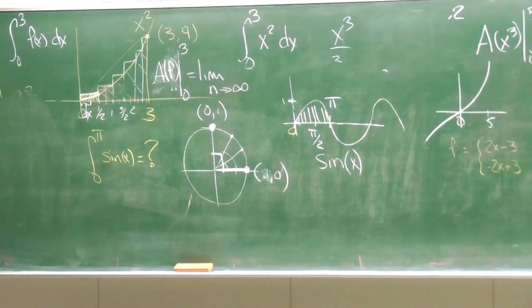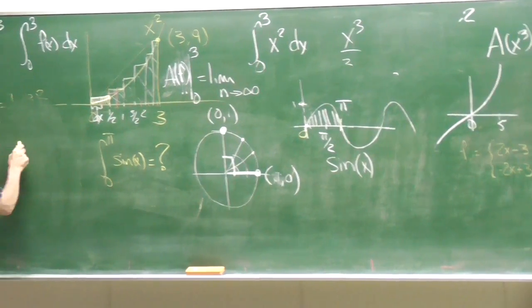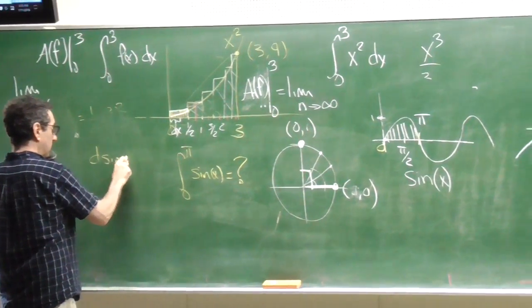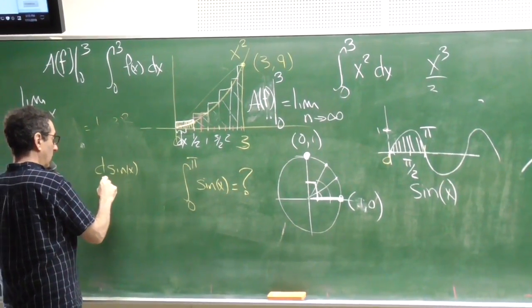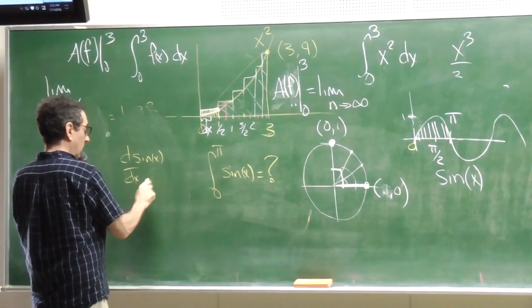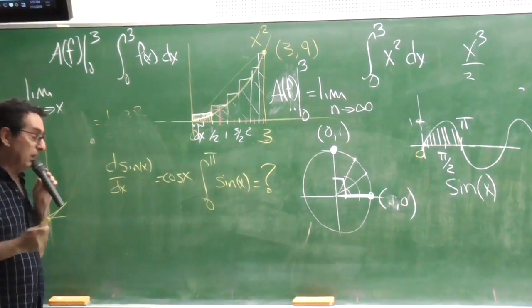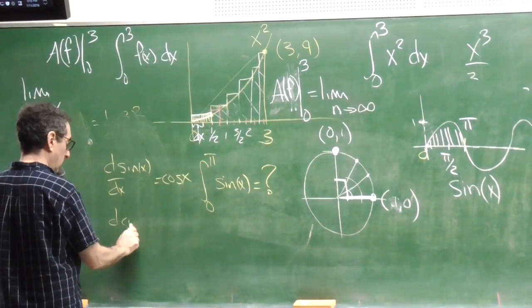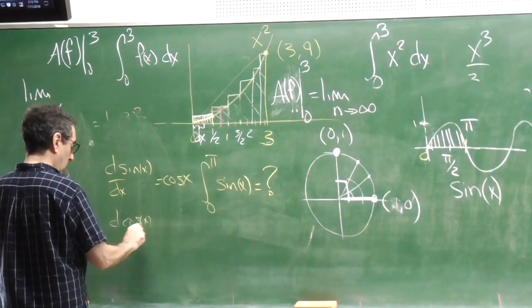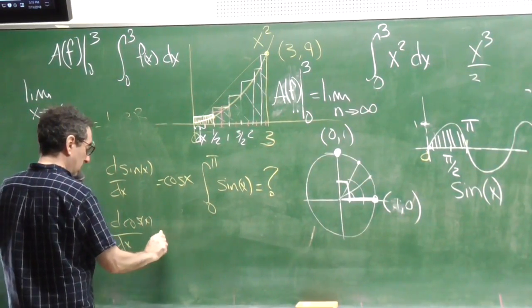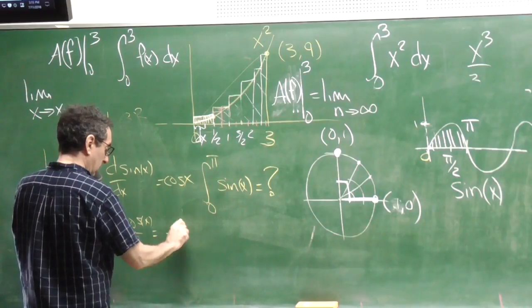But it turns out that the derivative of the sine function is the cosine function. And it also turns out that the derivative of the cosine function is minus the sine function.